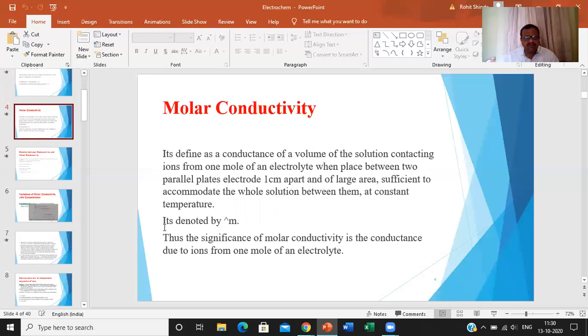This molar conductivity is denoted by the letter Λm. Thus, the significance of molar conductivity is the conductance due to ions from 1 mole of an electrolyte.